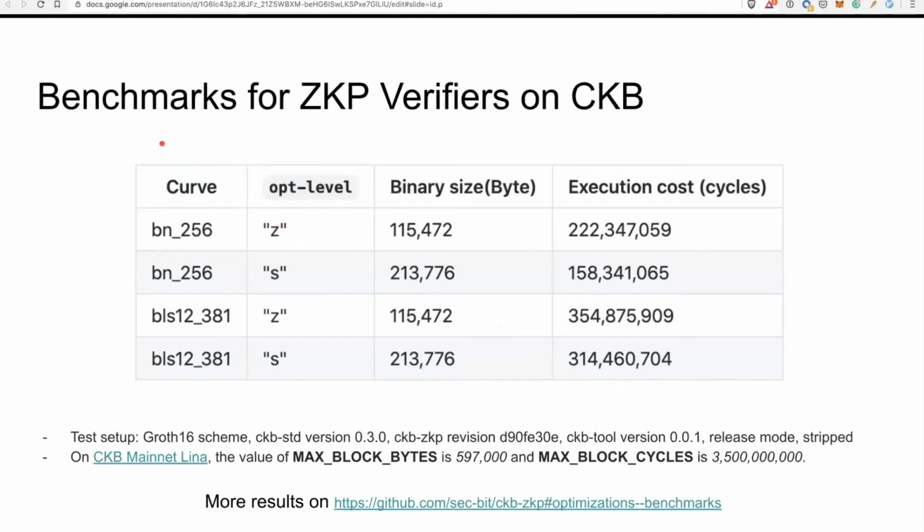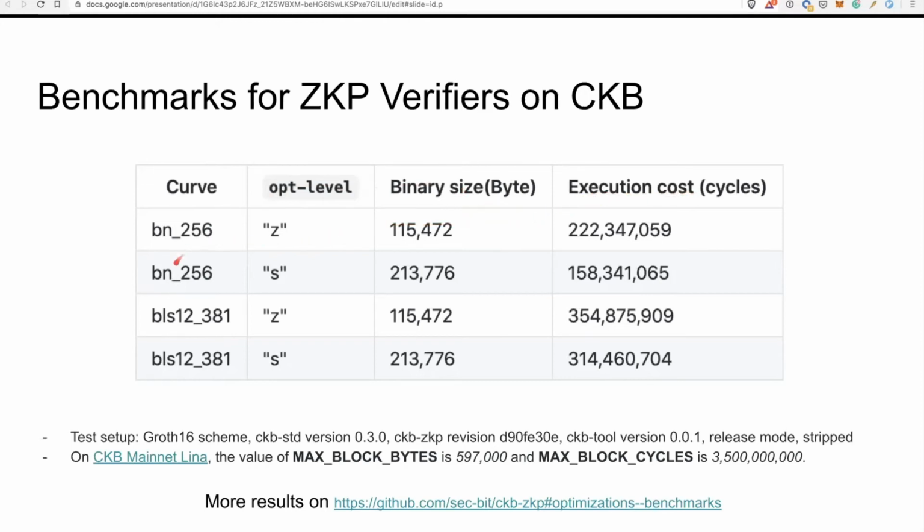Okay, let's check the benchmarks for ZKP verifiers on CKB. We tested two curves, and we changed the optimization level, and we want to compare the binary size and execution cost.